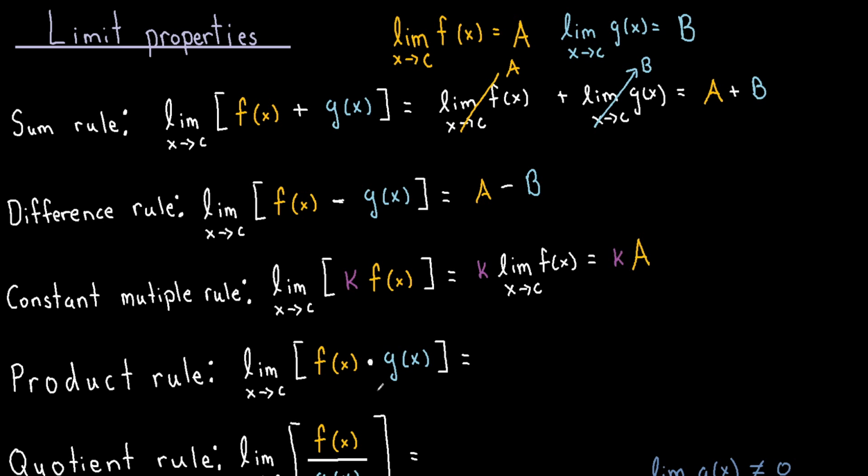Now let's say we want to multiply the two functions together. Well, using the same idea, we will take the limit of each function independently, then multiply them with each other. So we have the limit of f of x as x approaches c times the limit of g of x as x approaches c. And this will equal a times b.